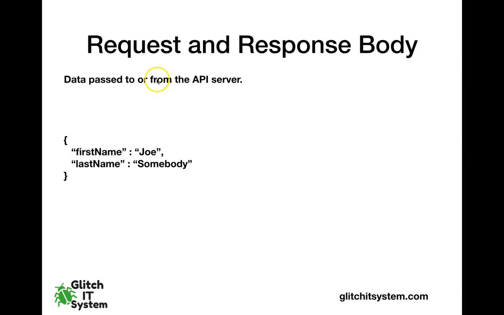We're going to learn more about JSON in a different lesson, so I'm not going to go over it too much, but you can see that it has some basic information. It has first name of Joe and last name of somebody. In a request, you would use this usually in a post or a put method. For example, I want to add my first name to my account.